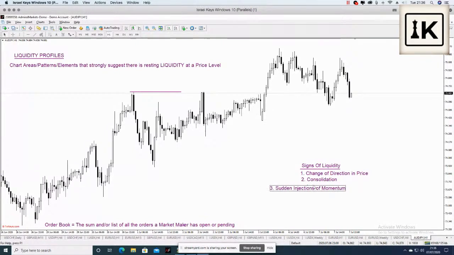So if price was just moving along very nicely, slowly but surely, and then even if it's moving in the same direction, it gets to a level and it just runs away very, very sharply, it is a sign that there is probably a significant amount of liquidity in that area.